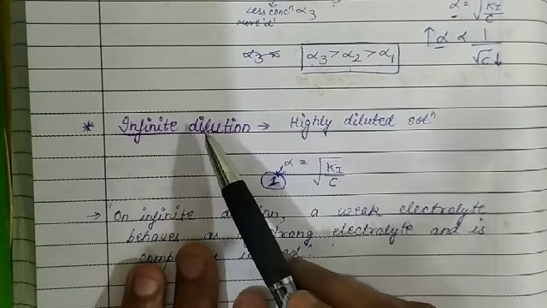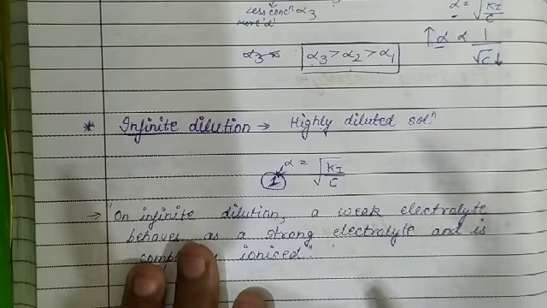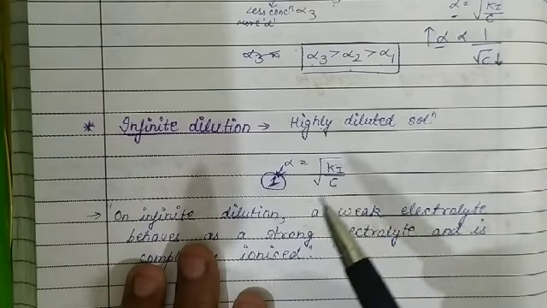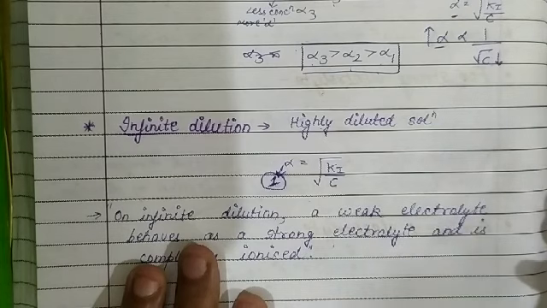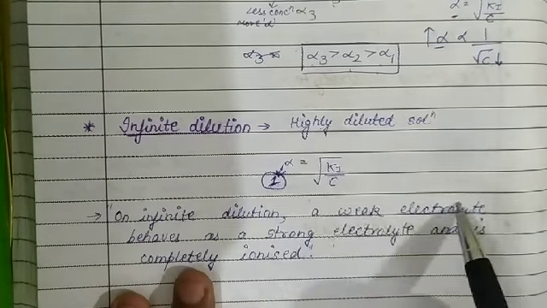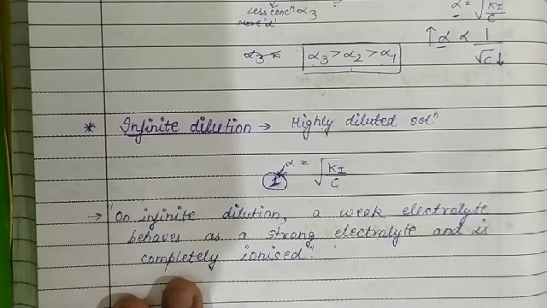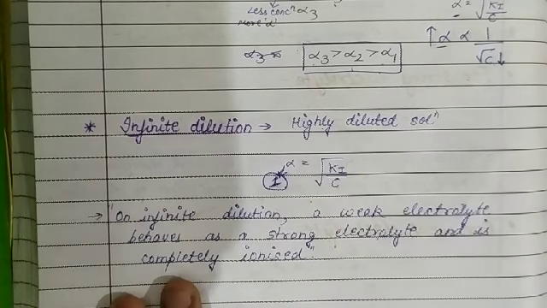Means at infinite dilution, a weak electrolyte will completely dissociate into its ions. So basically it becomes the case of a strong electrolyte. On infinite dilution, a weak electrolyte behaves as a strong electrolyte as it is completely ionized. Now we will study the ionic product of water, the next topic.